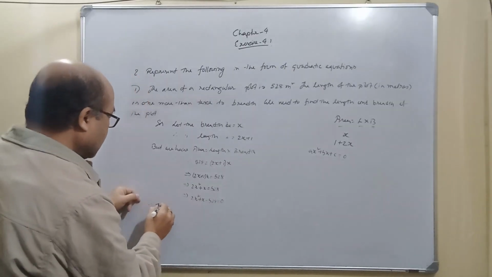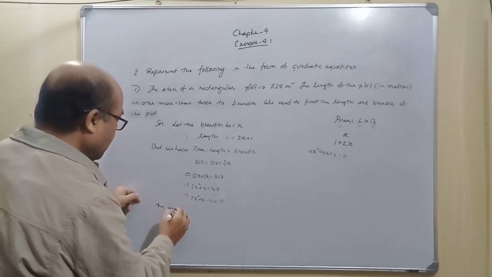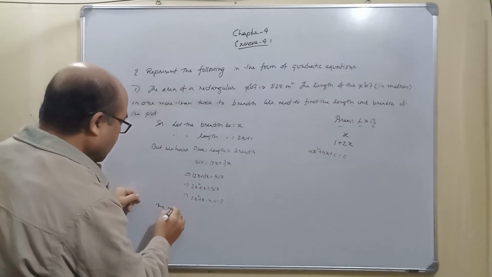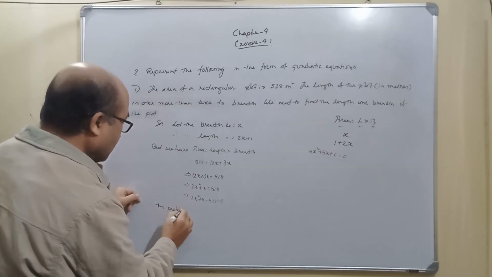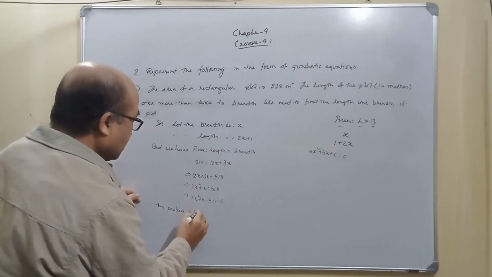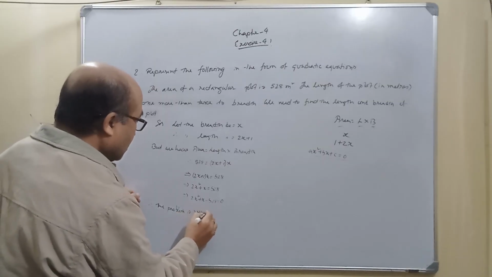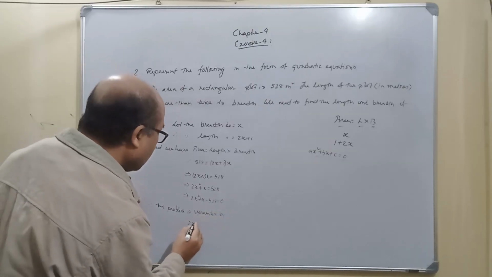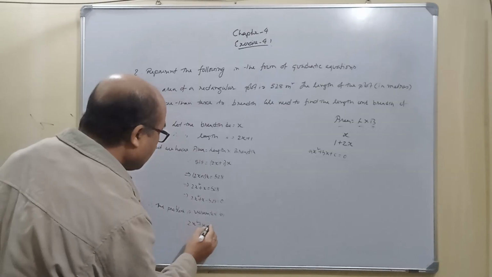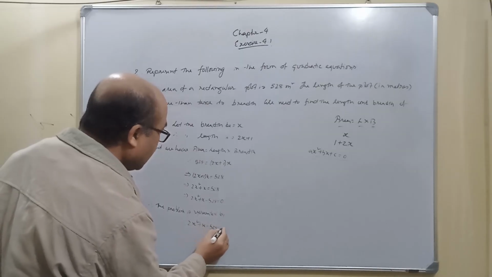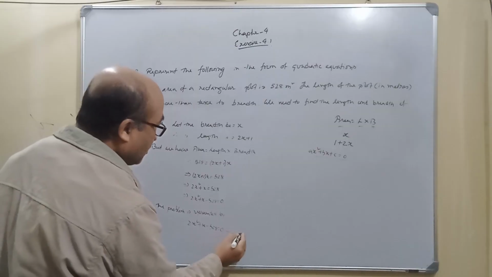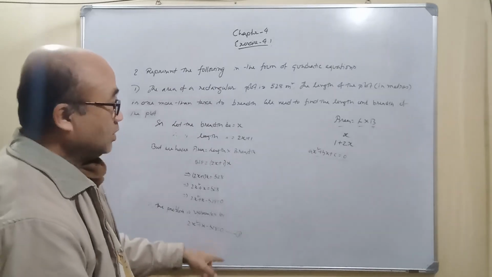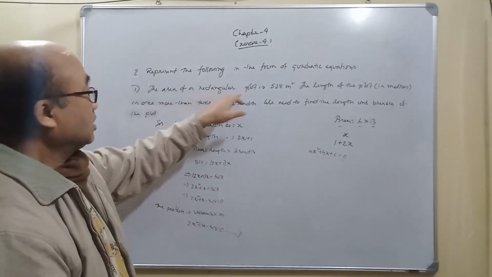Hence the problem is represented by 2x square plus x minus 528 equal to 0. That is the first part of the problem. We have converted the problem to a quadratic equation.